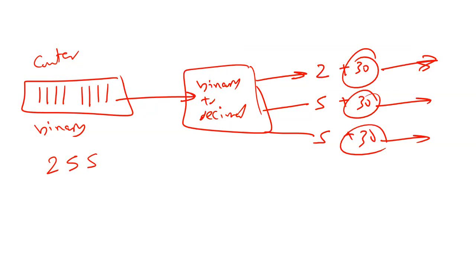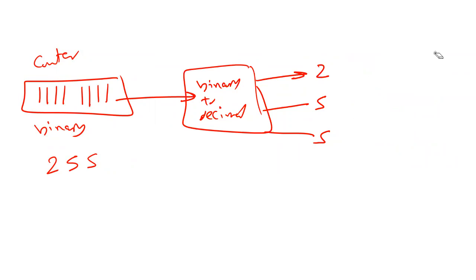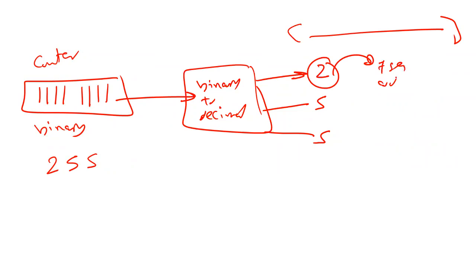If you want to display this number on the 7th segment, you have to convert these numbers to code, as I said before. So I'm going to make a table as we did before. 2 has to be converted to 7 segment code. Okay, guys, any question?